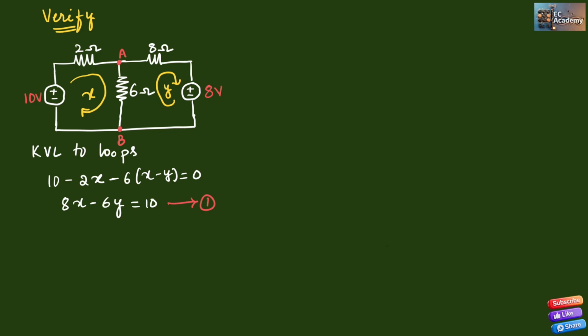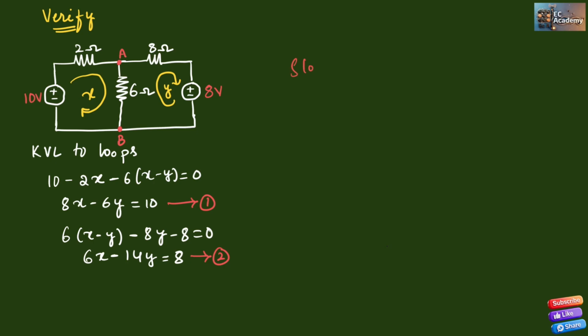Now for the second loop, if we apply KVL, we can write 6(x minus y) minus 8y minus 8 is equal to 0. Therefore, we can write 6x minus 14y is equal to 8. After simplification, let us take this as equation number 2.